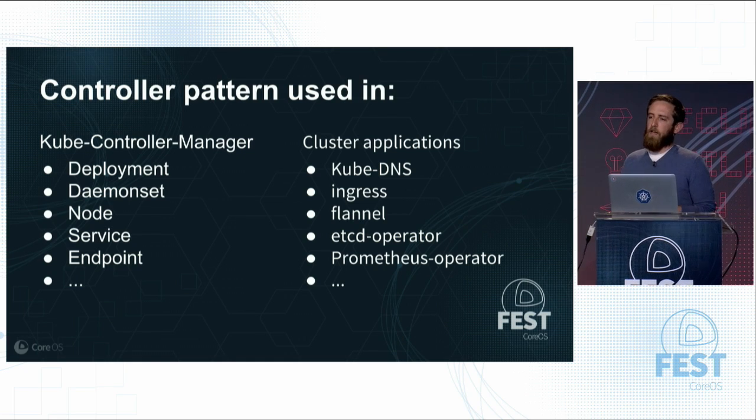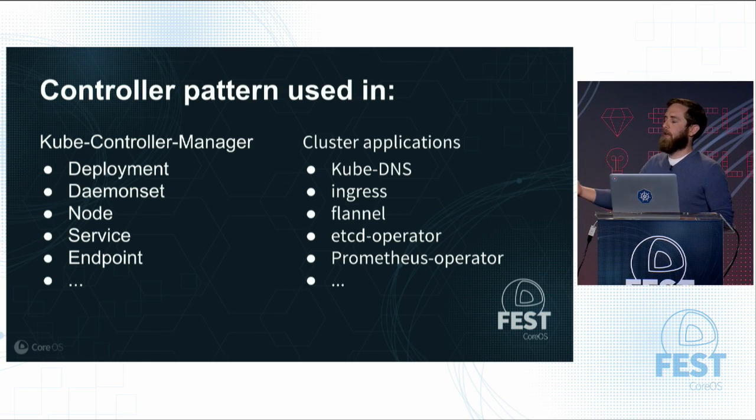So I need to rectify this, and I need to create another pod so that my actual state looks like my desired state. And then even other applications inside of your cluster follow this same pattern. For example kubedns: it's sitting watching the API, and it's seeing a new service has been created, so I need to create a new DNS record. Or new endpoints have been created, so I need to create new records for those.